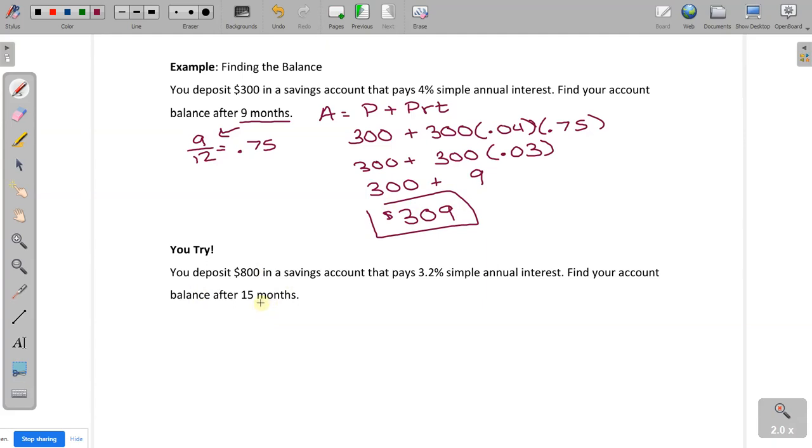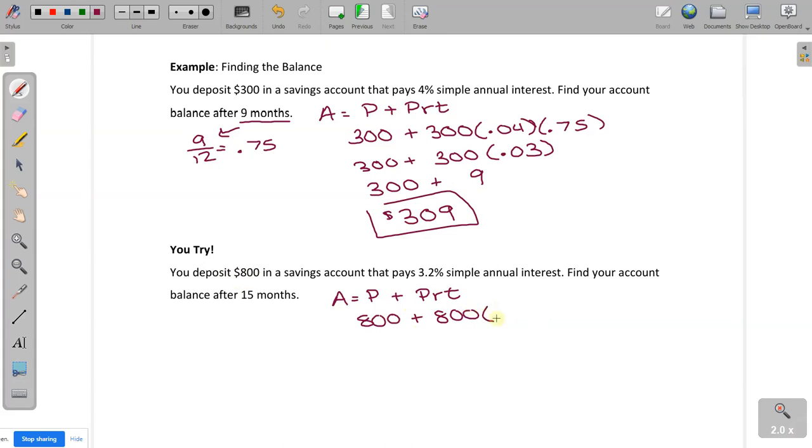Okay, let's check it. You deposit $800 in a savings account that pays 3.2% simple annual interest. Find your account balance after 15 months. So let's start with our formula. Our account balance is equal to our principal plus the interest, so PRT. So our principal amount, we deposit $800, so 800.